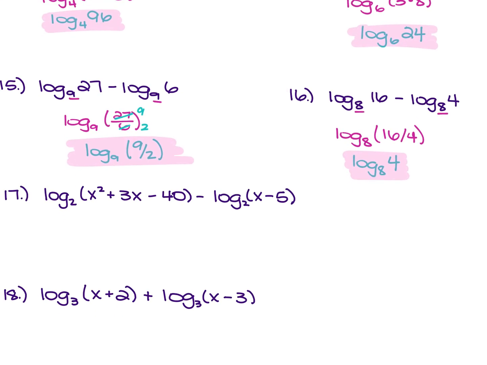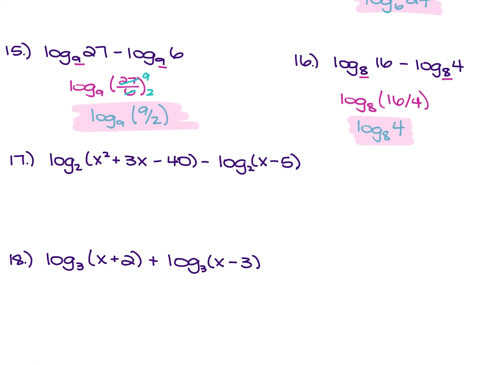For 17, you have log 2 of x squared plus 3x minus 40 minus log 2 of x minus 5. You have subtraction between these two. The bases are the same, so this is going to become log 2 of x squared plus 3x minus 40 over x minus 5. That numerator you can factor.